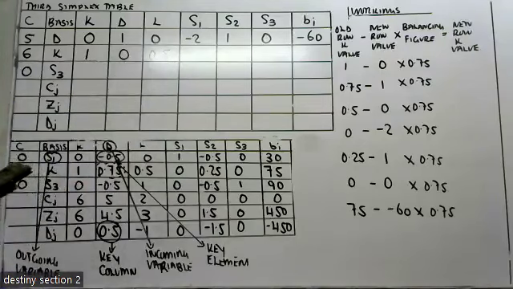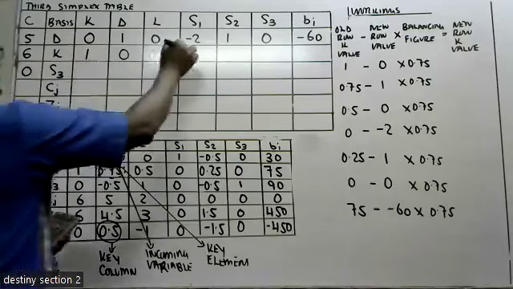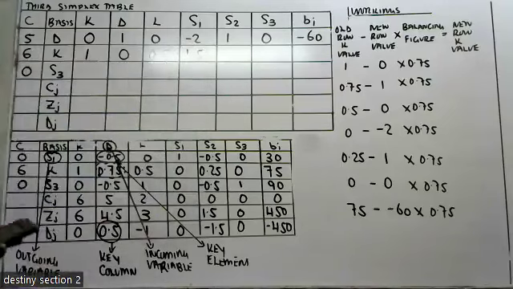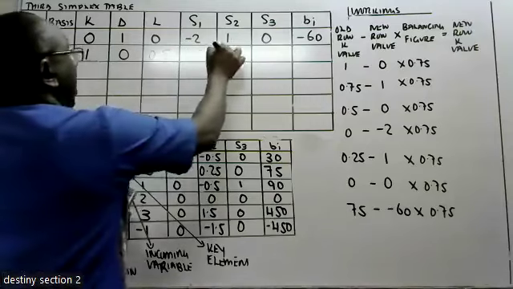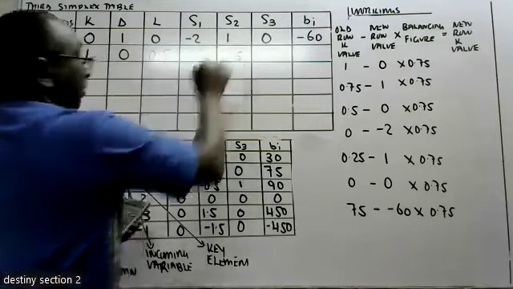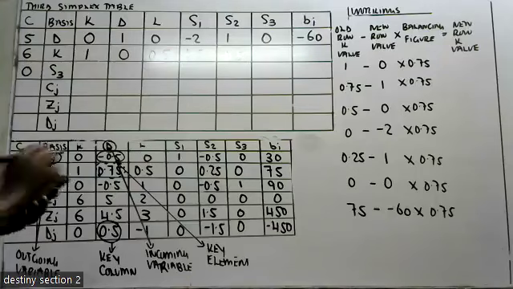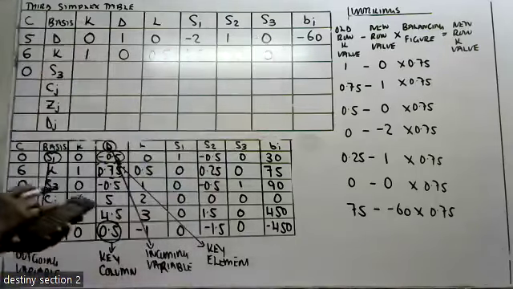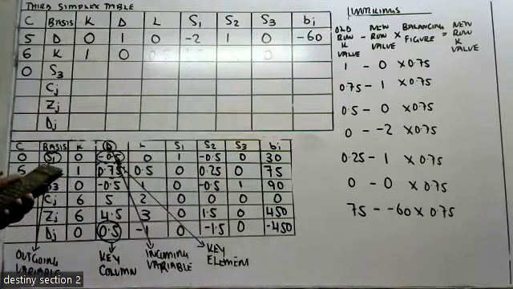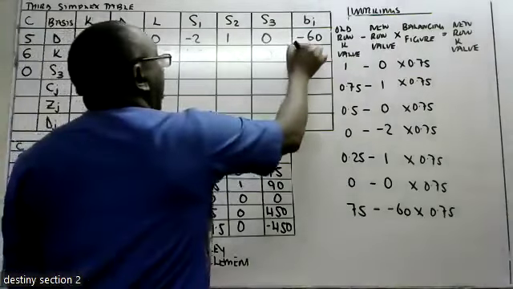I have 0 minus 2 times 0.75 is 1.5. 0.25 minus 1 times 0.75 is negative 0.5. 0 minus 0 times 0.75 is 0. 75 minus 60 times 0.75 is 120.